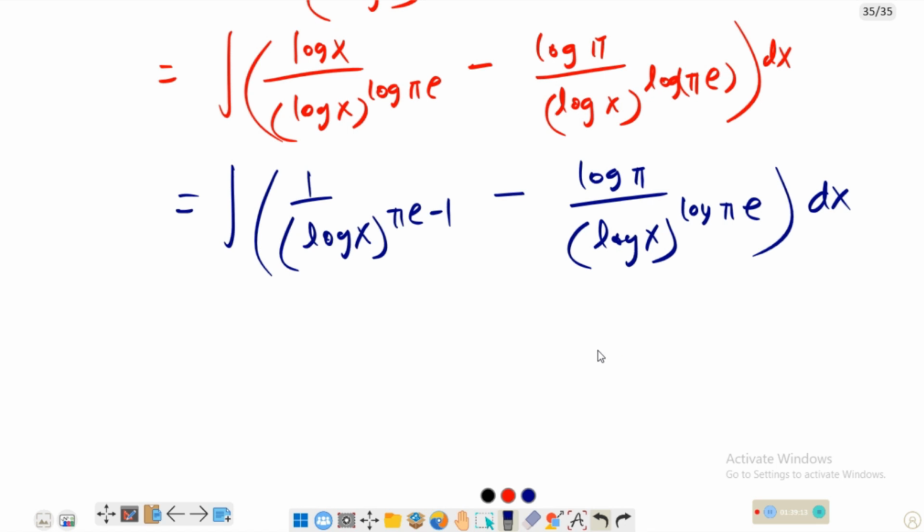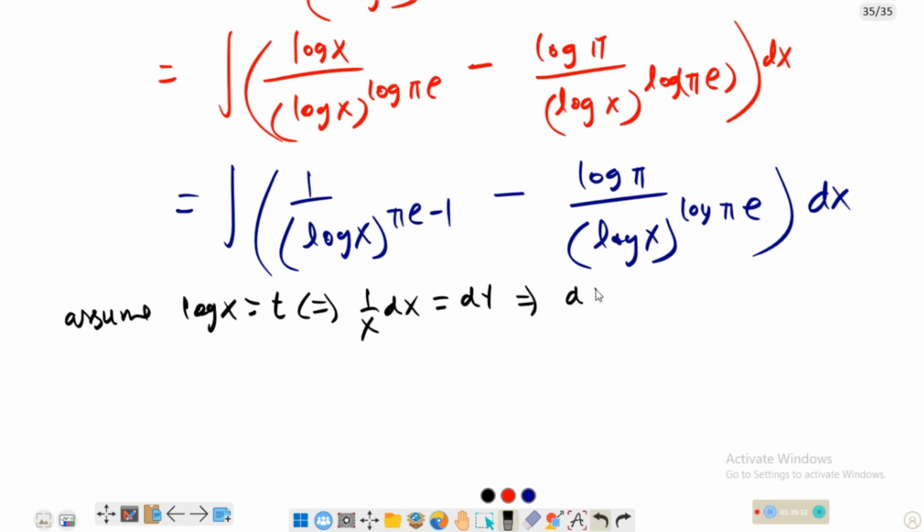Okay, if we assume log x is equal to t, so this implies that 1 upon x dx is equal to dt. Okay, implies that dx is equal to x dt. Okay, from here x is equal to e to the power t. Okay, so basically e to the power t dt.